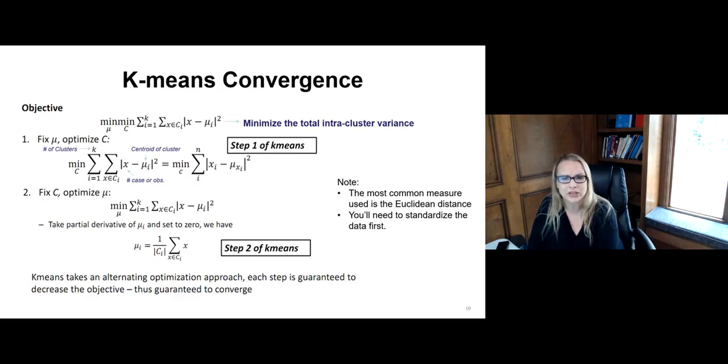We are ultimately just trying to minimize the total intra-cluster variance through this iterative process. In the end, it will find a solution, and it is guaranteed to find a solution. The most common distance measure is called the Euclidean distance. Because you're looking at a distance measure here, you'll need to standardize the data first before we start our calculations.